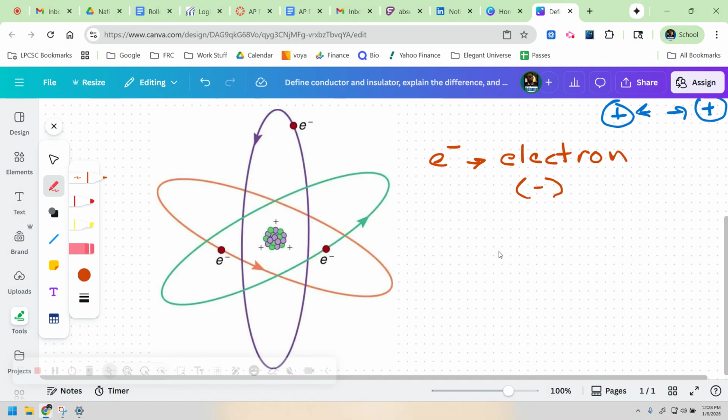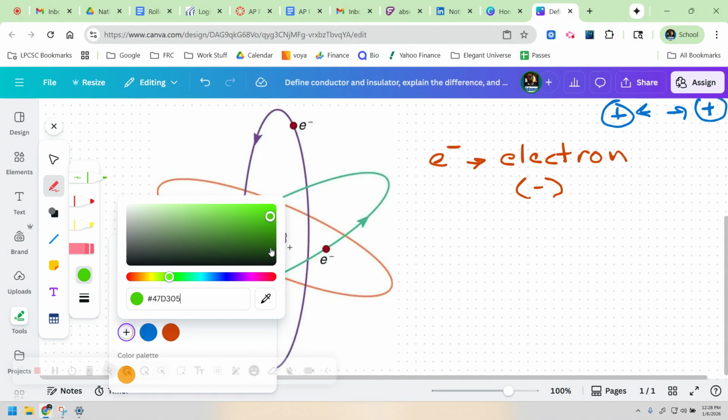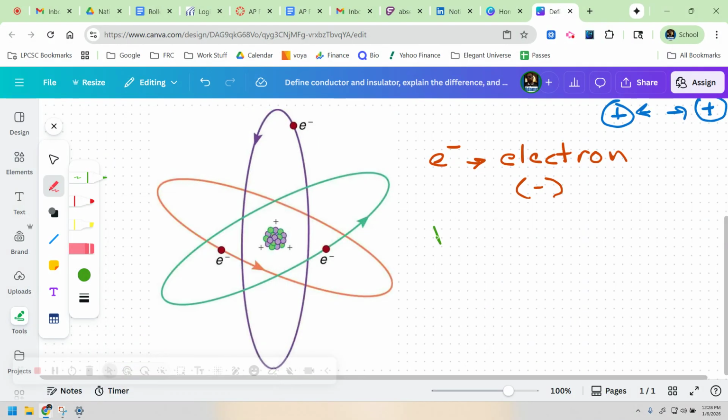Okay? Now, way inside here, the little, I don't know if it's purple or green or what it is. We'll pick green. Green represents protons, and those are usually P with a plus, and that represents a positive charge, so that would be what we call a proton.